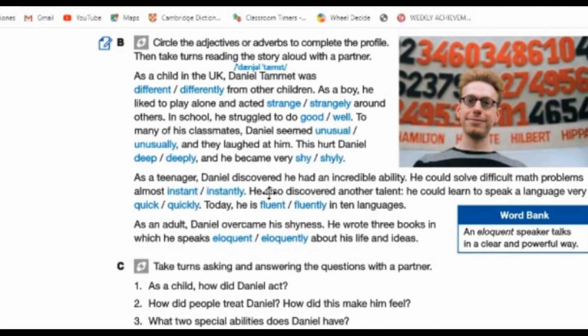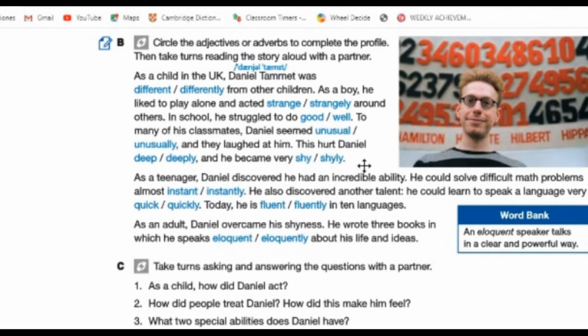Deeply, right. When you say in Spanish, for example, María me hirió profundo, no, me hirió profundamente, you say. This hurt Daniel deeply.